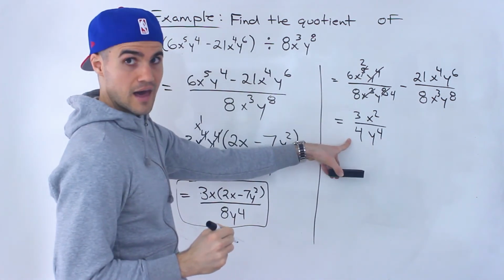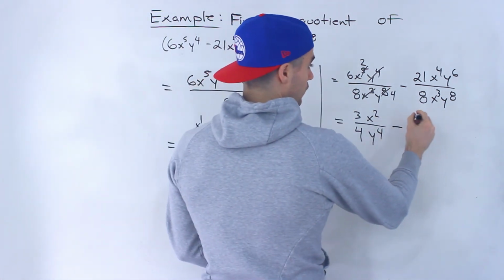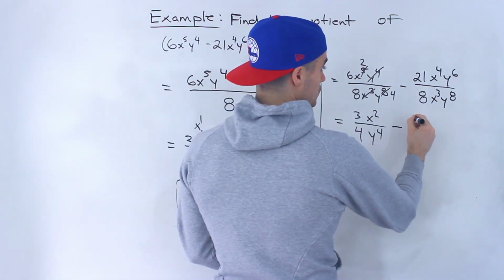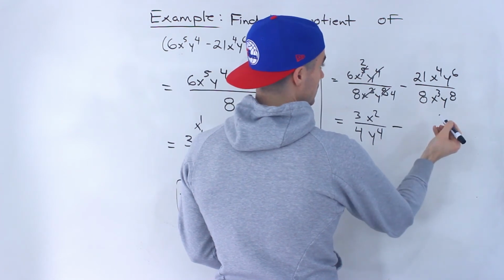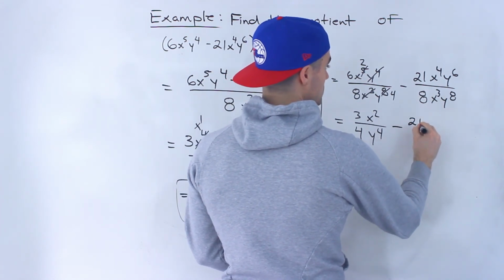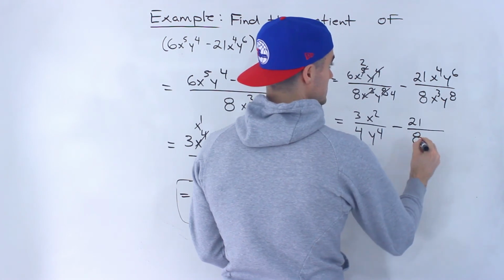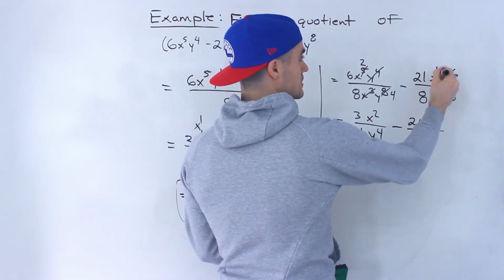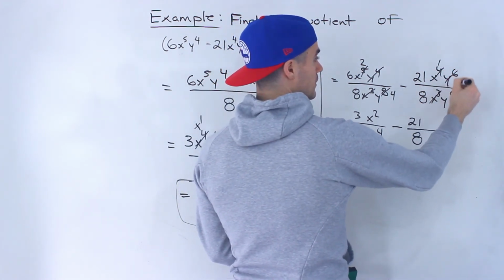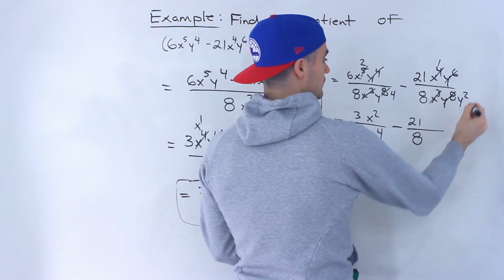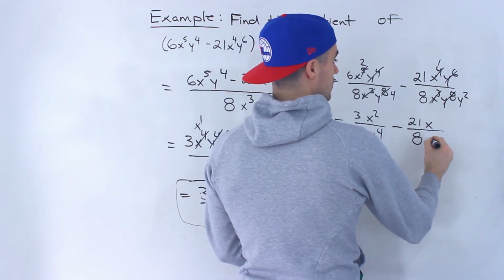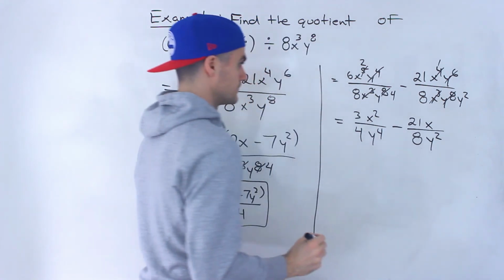This simplifies to that. And then 21 over 8, that actually doesn't simplify. So we would leave that as is. This, 1 x left at the top, 2 y's left at the bottom. So there would be x over y squared, like that.